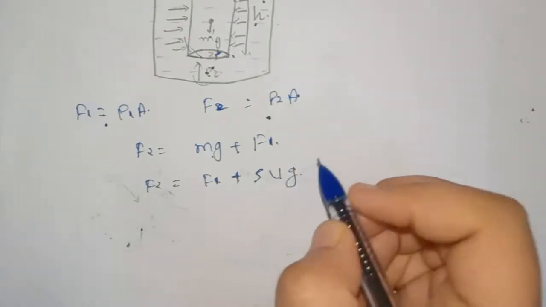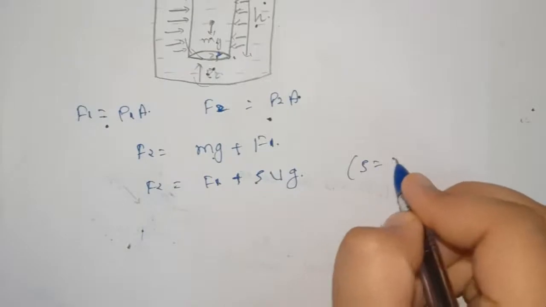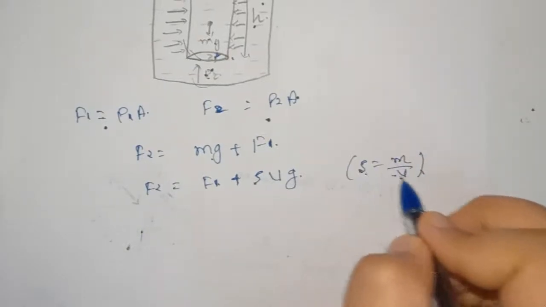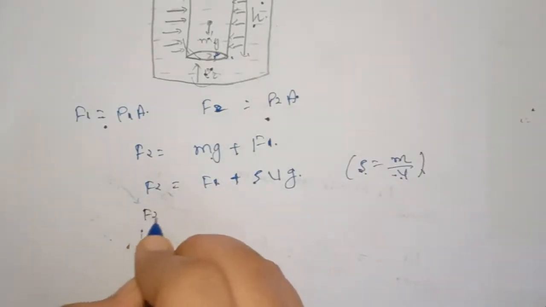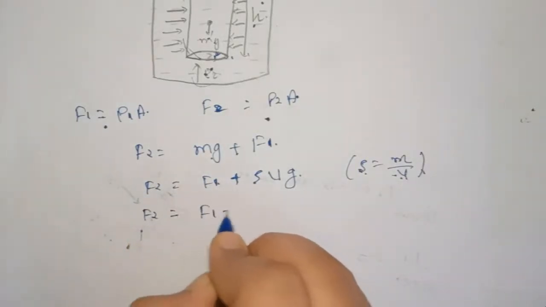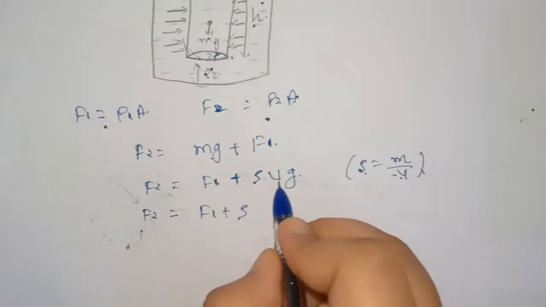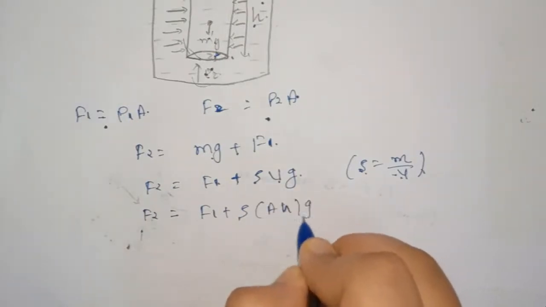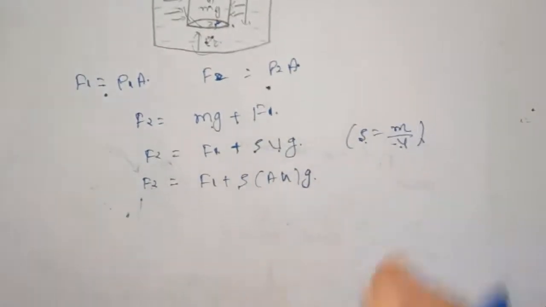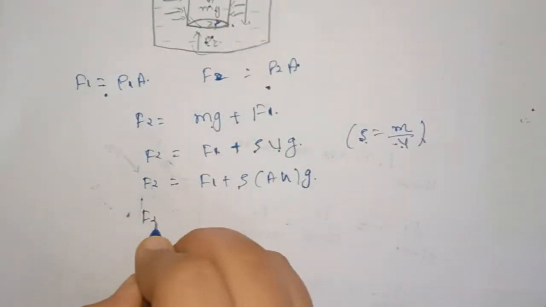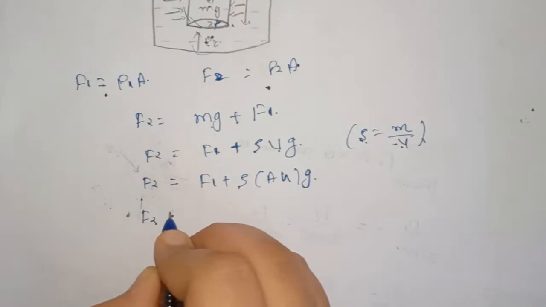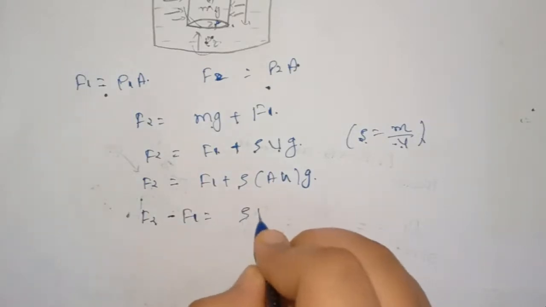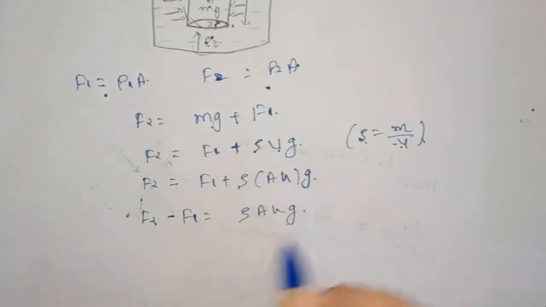As density is equal to mass upon volume, mass is equal to density into volume. So F2 will be equal to F1 plus density into volume of the cylinder, which is area into height, into g. So F2 minus F1 will be equal to rho A h g.